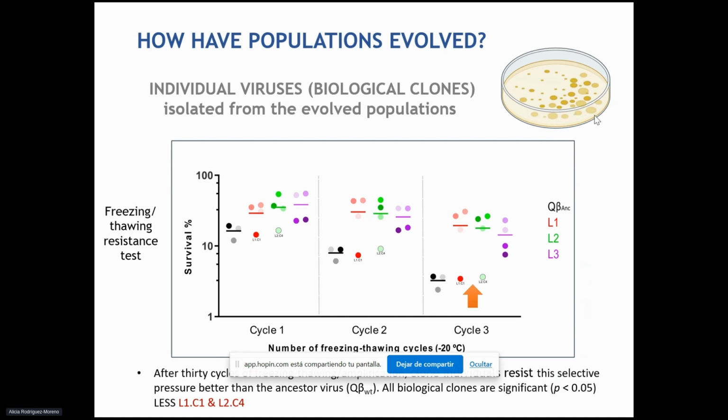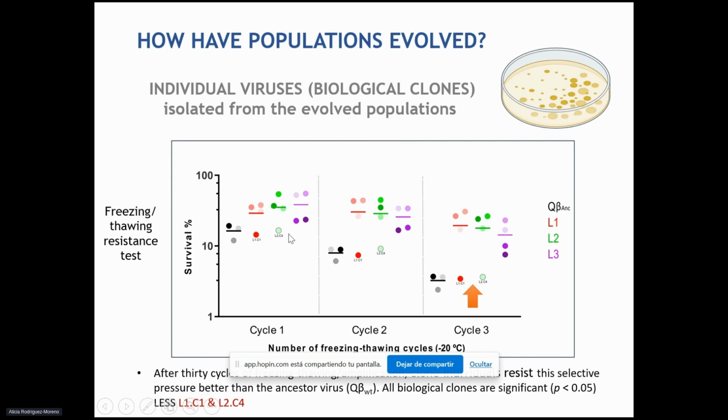Biological clones correspond to viruses contained in an isolated plaque, which are generated from the replication of a single viral genome. We do this because this population is very heterogeneous. These viruses form what we call a quasi-species. In this way, we are analyzing how individual viruses behave in the same population.